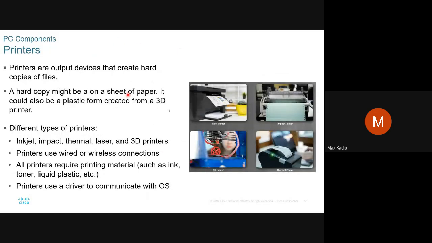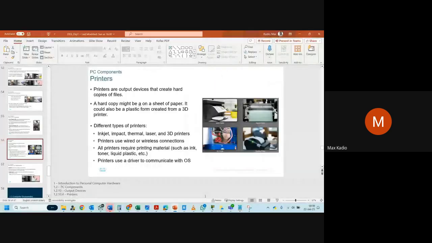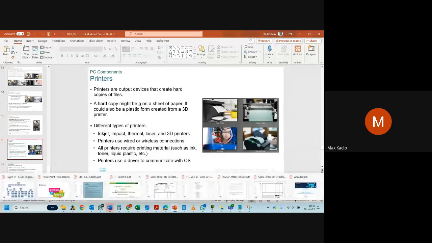Printers are very important in a company. We need to print documents. So we have many types of printers. We can connect a printer directly to your laptop or to your PC. Or you can get a network printer or a cloud-based printer. There is a chapter for printer. So we'll reach there.